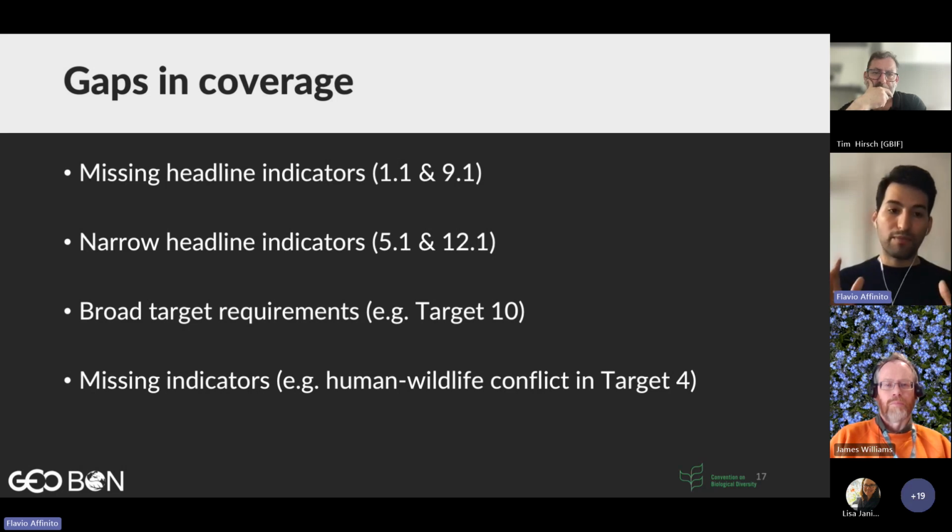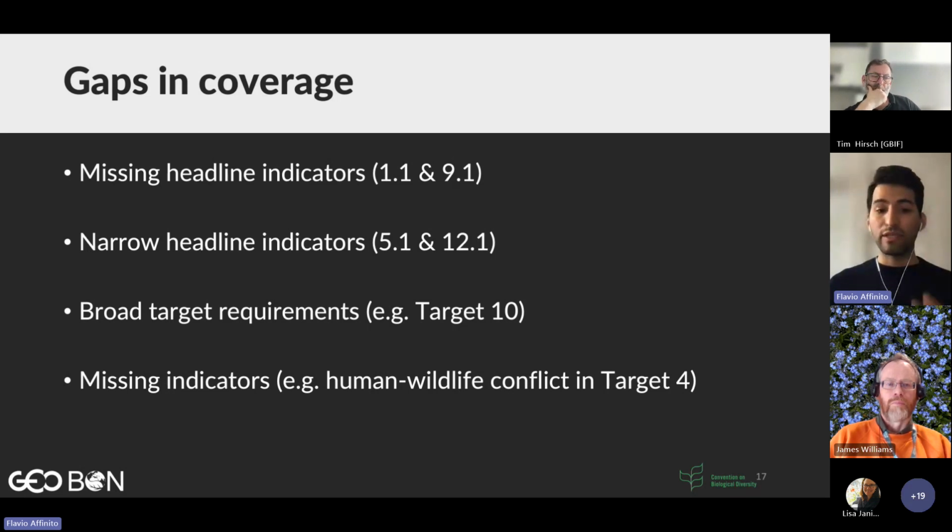So we get some parts of the target that still fall through the gaps, even when we include complementary and component indicators. This is often due to really broad target requirements. Target 10 has some very good, very functional headline indicators, 10.1 and 10.2, but it still has such a large range of elements with many statements that those two headlines, along with their complementary indicators, cannot feasibly cover the entire target.